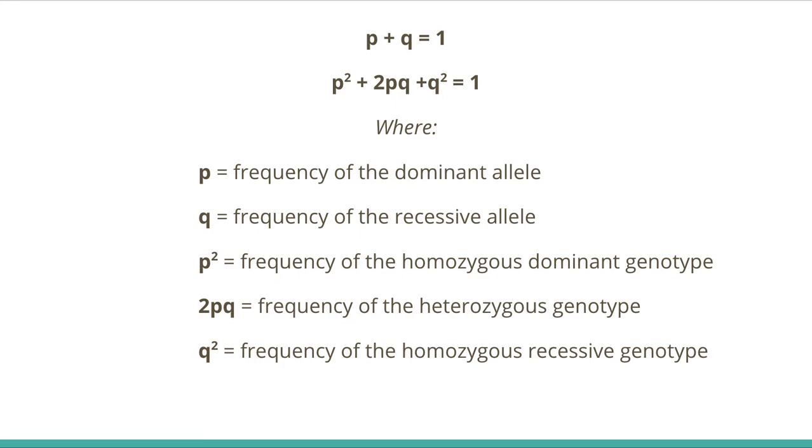And then q squared is the frequency of the homozygous recessive genotype. So if both p plus q equals 1 and p squared plus 2pq plus q squared equals 1, and p and q are the same numbers for both of them, then you have a population in Hardy-Weinberg equilibrium.